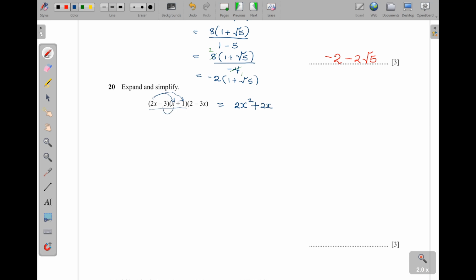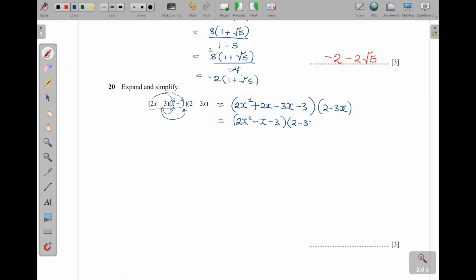Then negative 3 times x, we shall get negative 3x. And then negative 3 times 1, we get negative 3. And then here we are having 2 minus 3x. And then to simplify this, it is going to be 2x squared minus x, then minus 3. 2 minus 3, that is a negative 1.